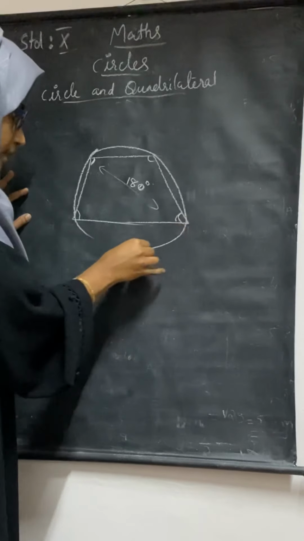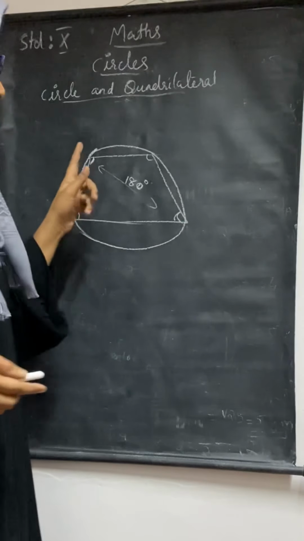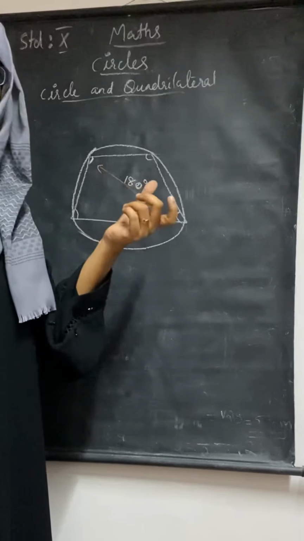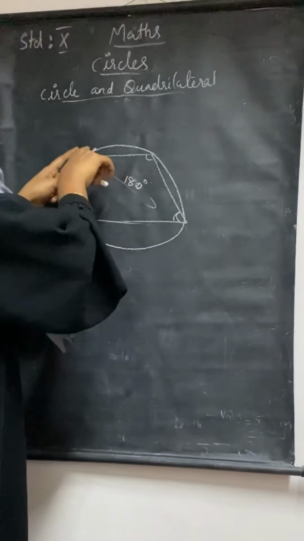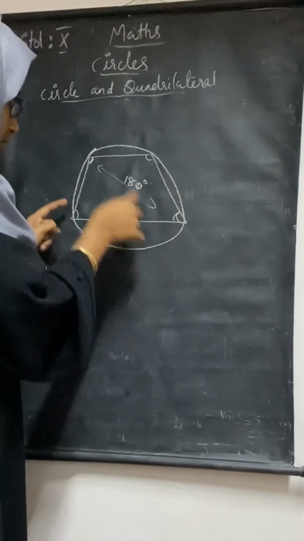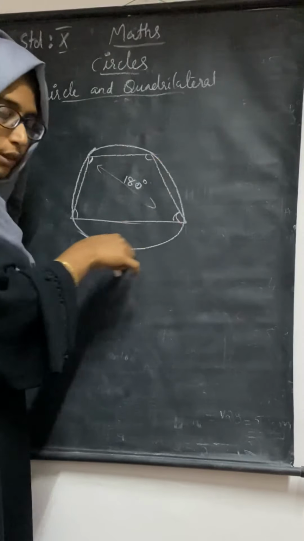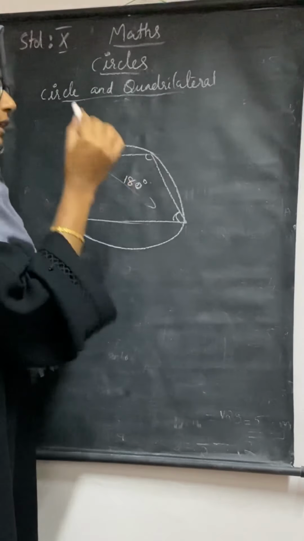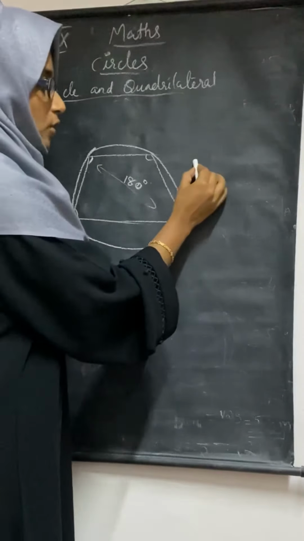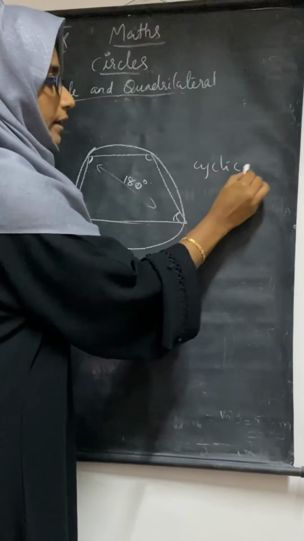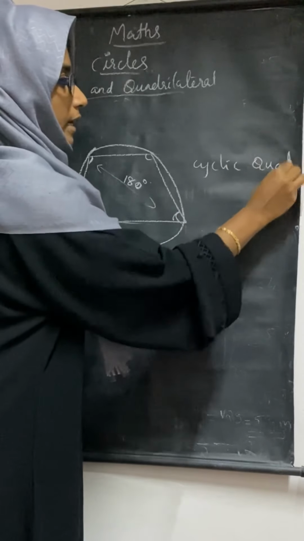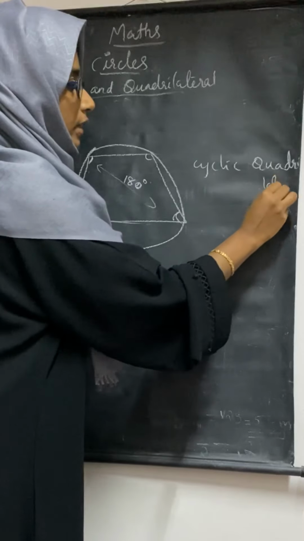Because the opposite angles add up to 180 degrees, the circle must pass through all these 4 vertices. That type of quadrilateral is called a cyclic quadrilateral.